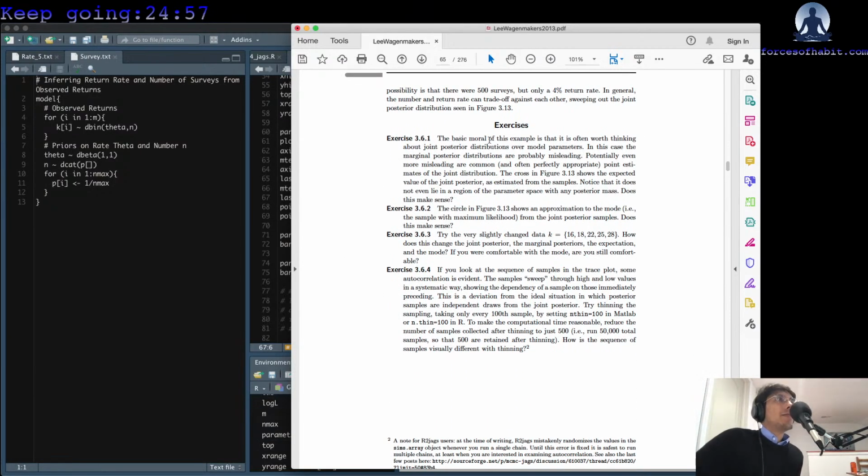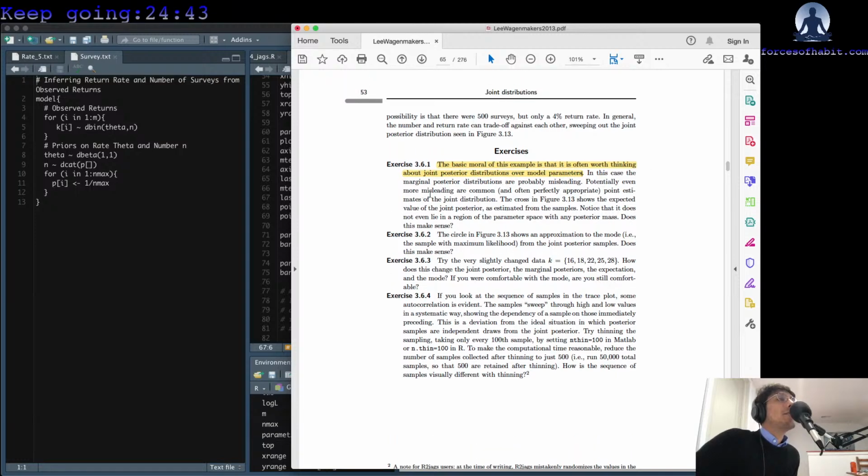The basic moral of this example is that it is often worth thinking about joint posterior distributions over just the model parameters. Looking at both. In this case, the marginals were probably misleading, potentially even more misleading are common point estimates, so not looking at distributions whatsoever.